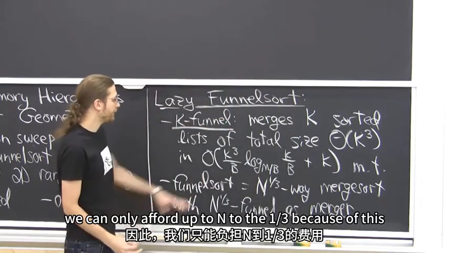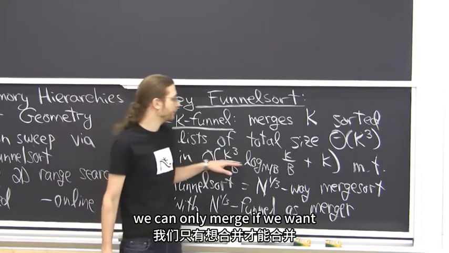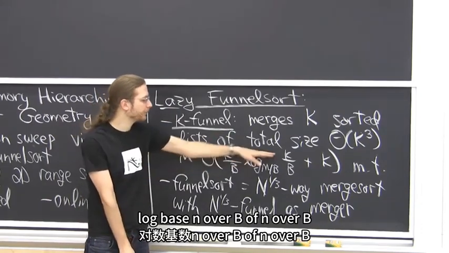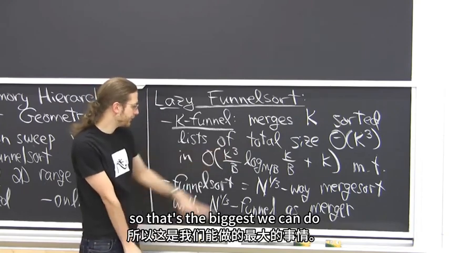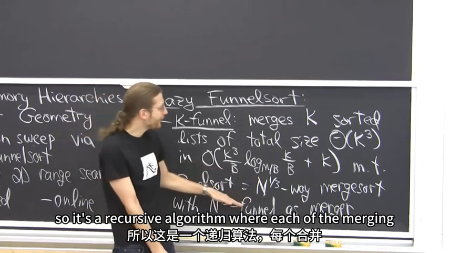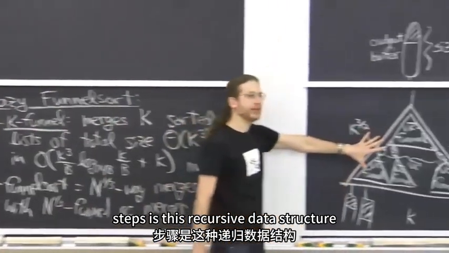We can only afford up to n to the 1/3 because of this cubic thing. If we want the sorting bound n over b, log base m over b of n over b, we can only afford k being up to n to the 1/3, so that's the biggest we can do. So it's a recursive algorithm where each of the merging steps is this recursive data structure.